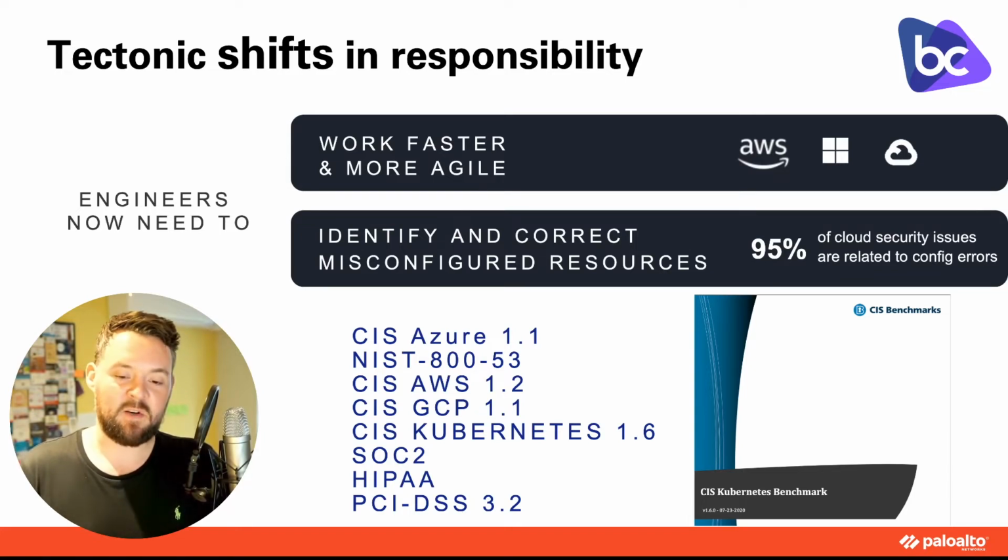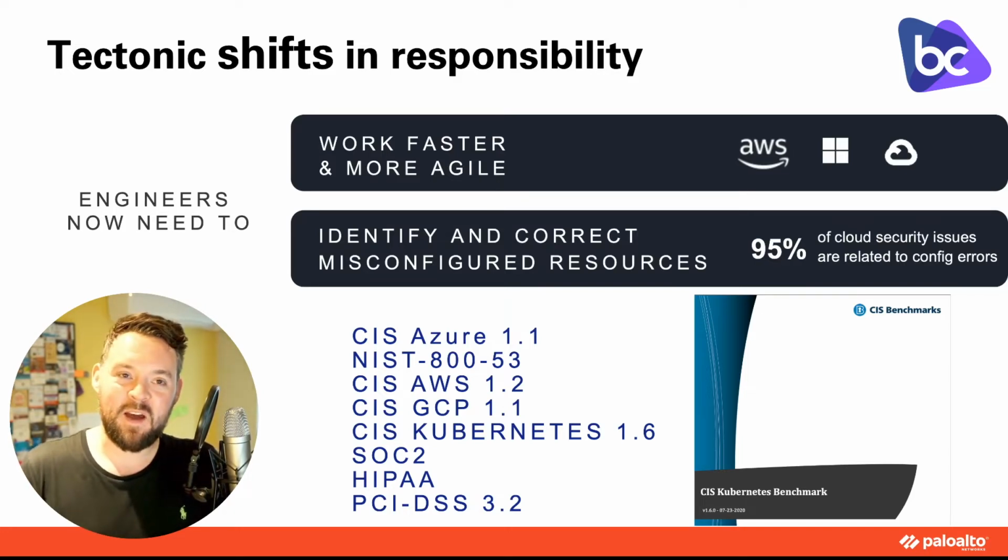Let's take, I don't know, an RDS database on AWS, for example. What are the best practice configurations and settings to enable and disable to make sure that is a secure deployment? I don't know that off the top of my head, and not many people do.